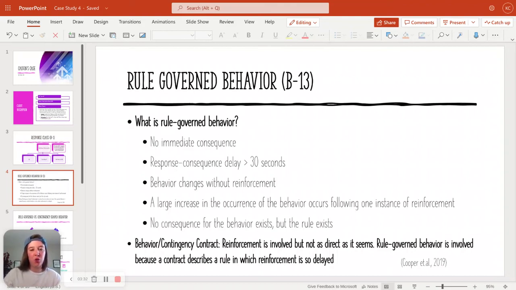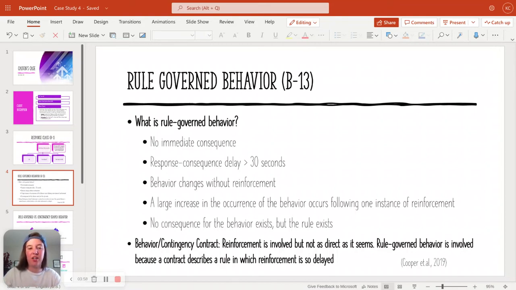Now, when I was reading through Cooper and they were talking about behavior contracts and contingency contracts, they were saying that yes, reinforcement is involved, but it's not as direct as it usually is. So me throwing a pen and someone yelling at me right away, it's not as direct. It's more like rule-governed behavior because more than 30 seconds have passed before the consequence might happen.